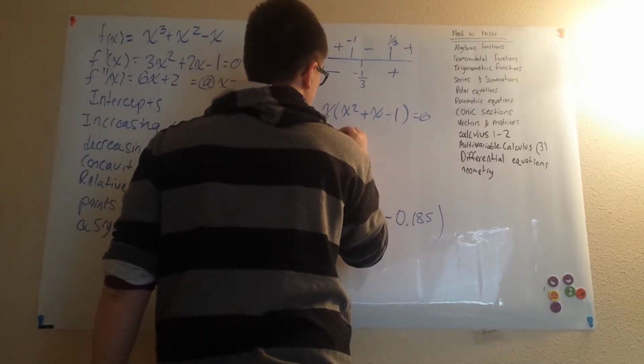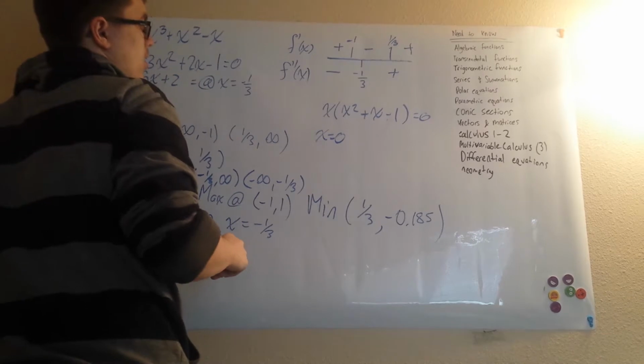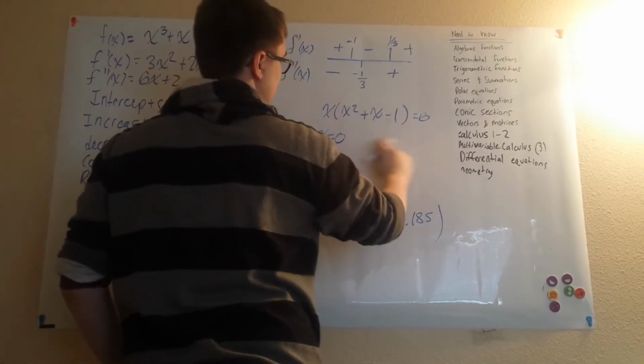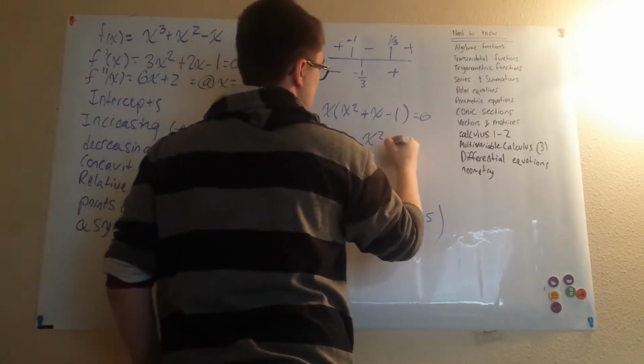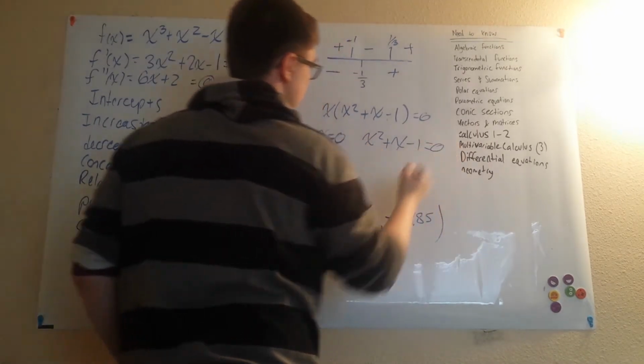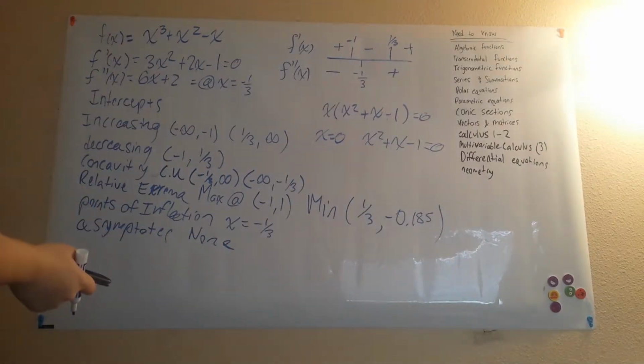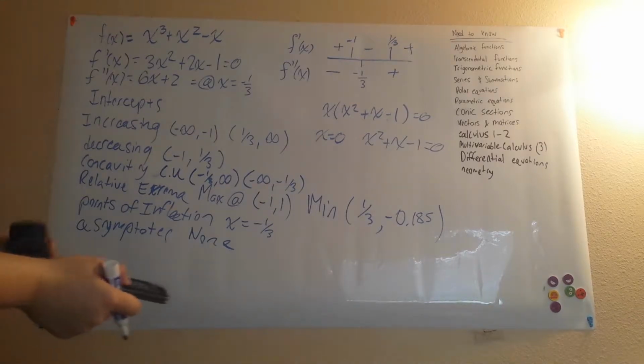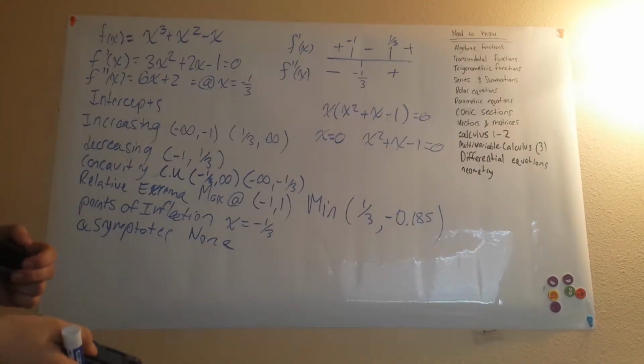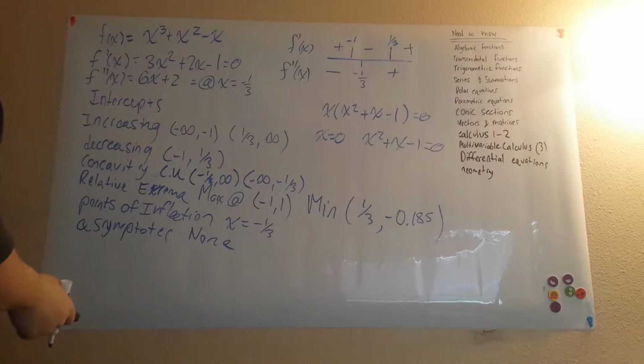So x equals 0. And how about this equals 0? When is this equal to 0? Can we factor that? Let's see if we can factor that.